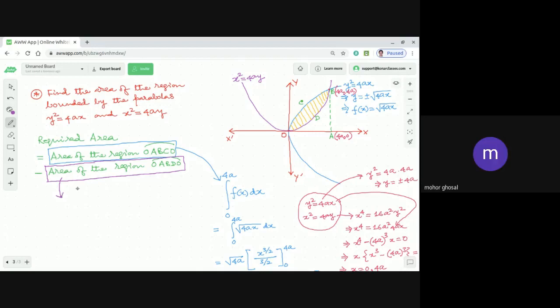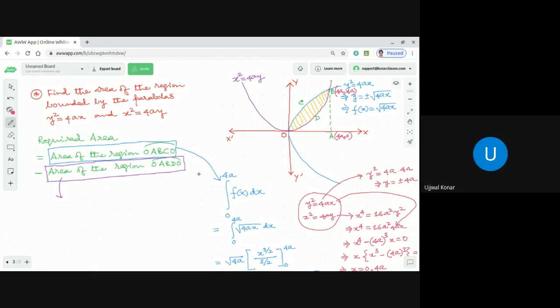We already found the area of this region. Just 32 a square by 3 minus the area of this region. Got it or not? Got my point? Yeah.